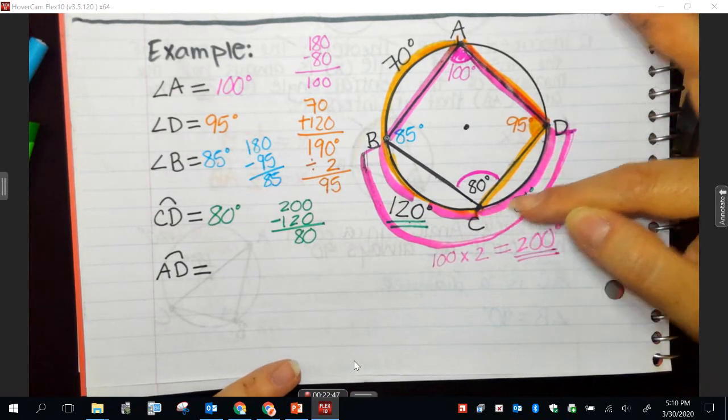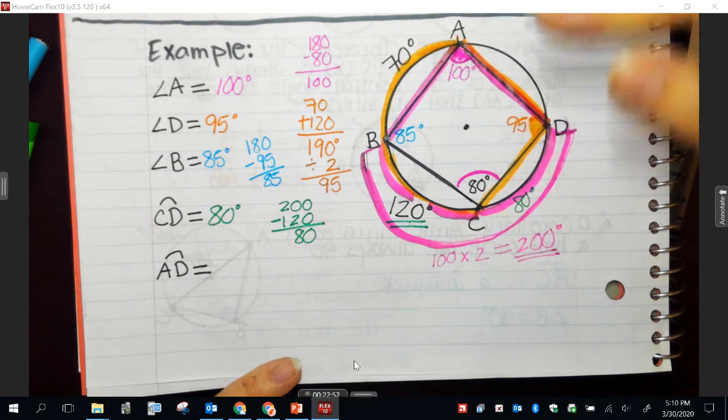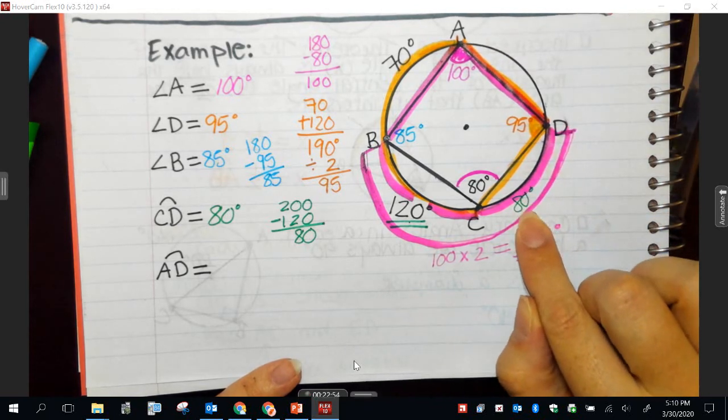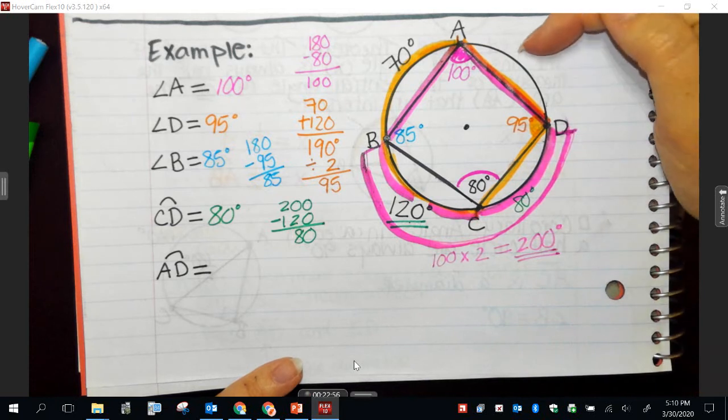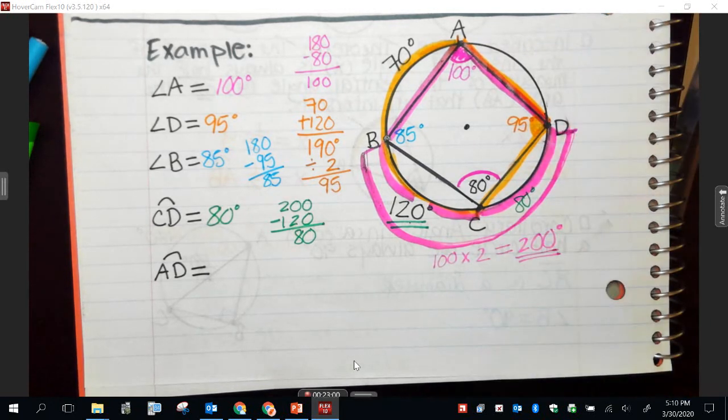So if I can figure out what this entire arc is from here all the way to here, then I can subtract what we just got, the 80, to get what's left, which is over here.